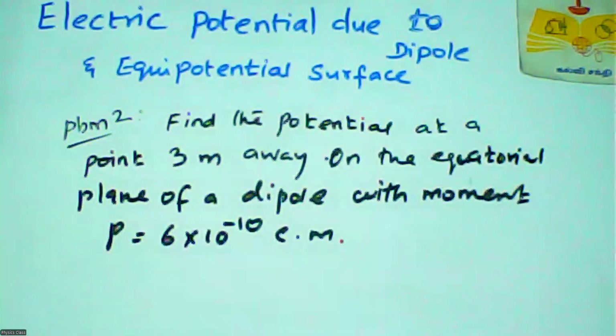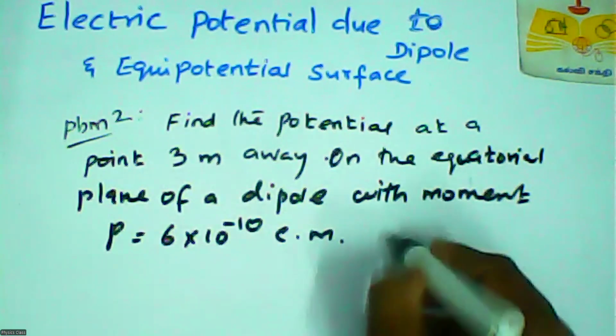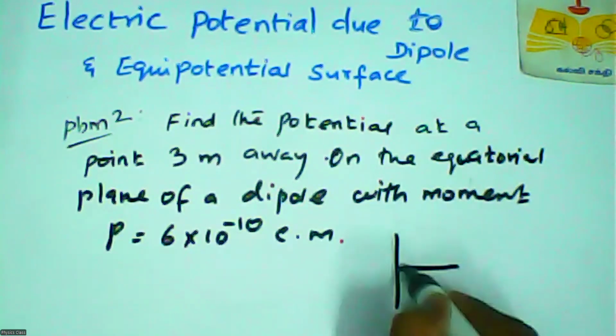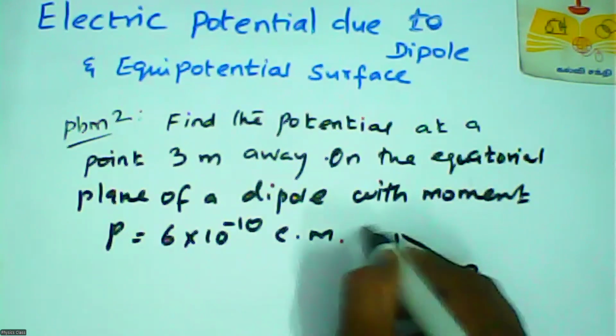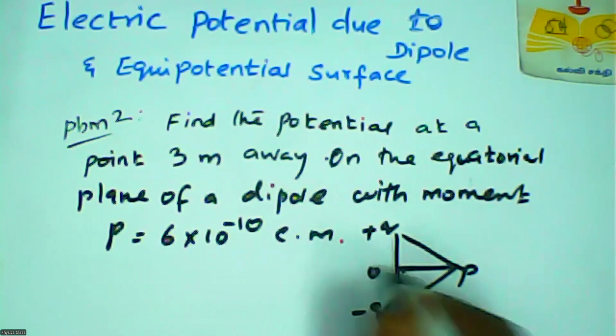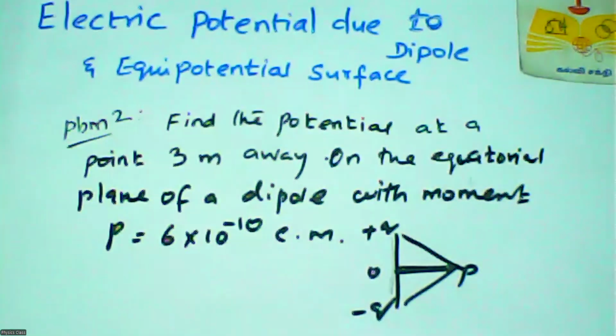For a point on the equatorial plane, the angle is 90 degree because it is perpendicular. So we have to find the angle between the center and that point, with plus Q and minus Q like that. This is the center, so this is 90 degree. Cos theta is cos 90 degree, which gives 0.